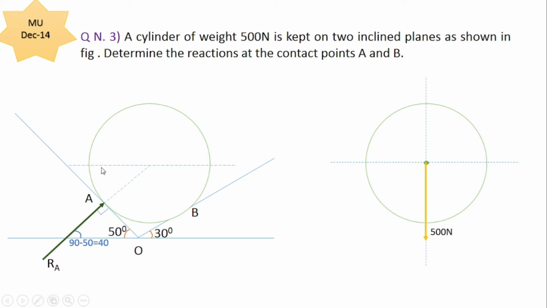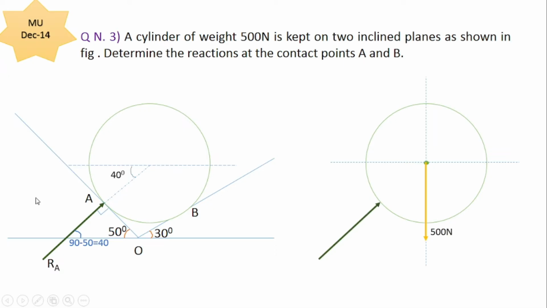For that we'll draw the x-axis here. As you can see, these angles are alternate angles, because this is a horizontal line and this is also a horizontal line, and this line intersects these two horizontal lines. So here we can write the angle value as 40 degrees.